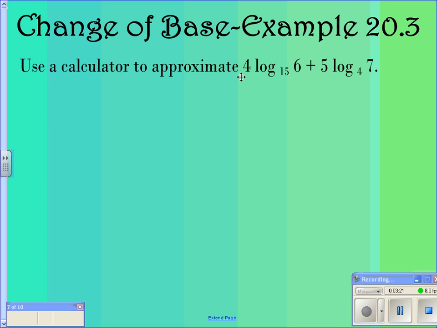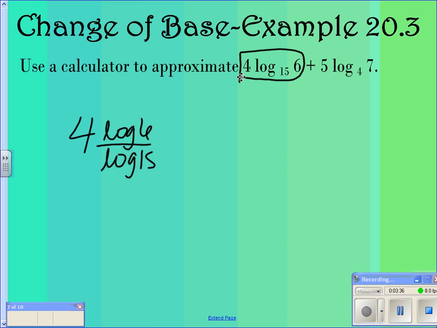What would I do for this one right here? Okay. You could do that. Or you could just have 4 outside the front. 4 times that. Does that make sense? Yeah, 4 times whatever that is.